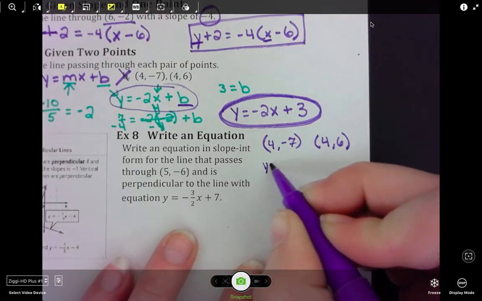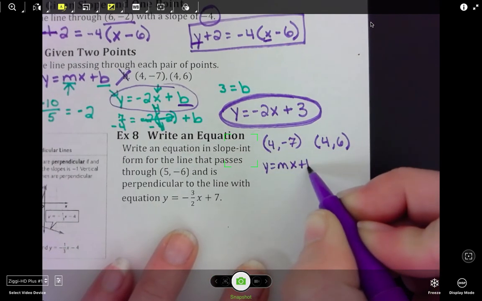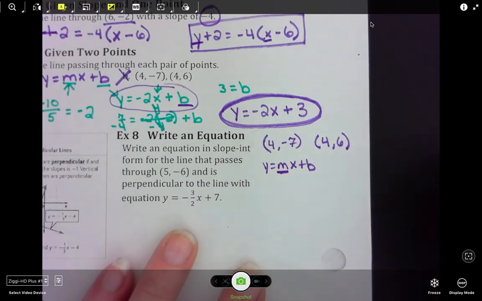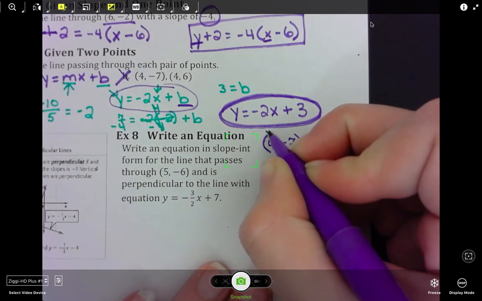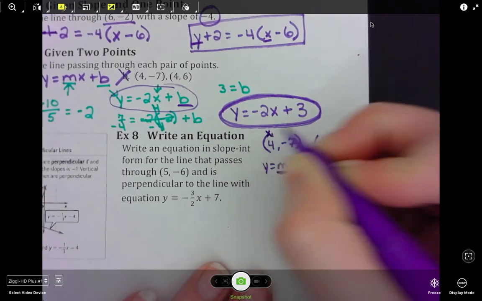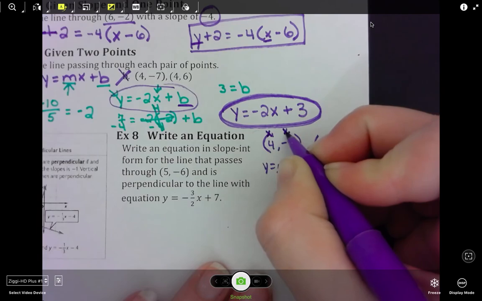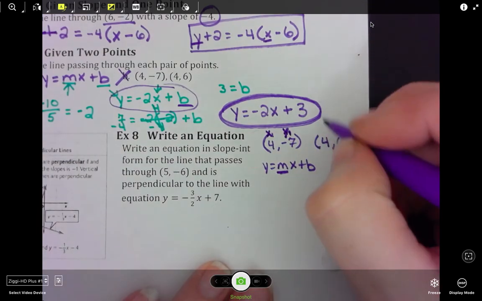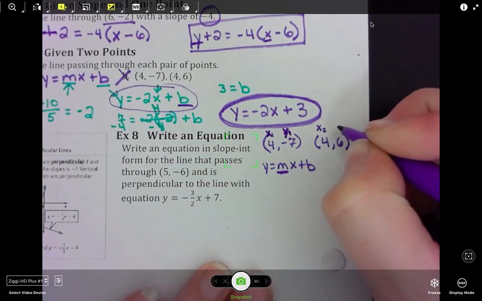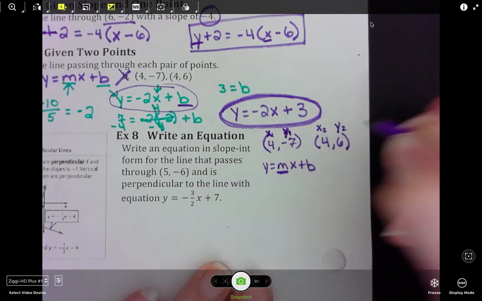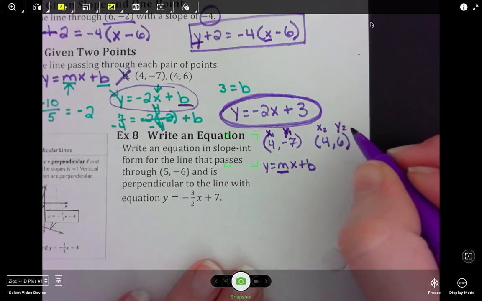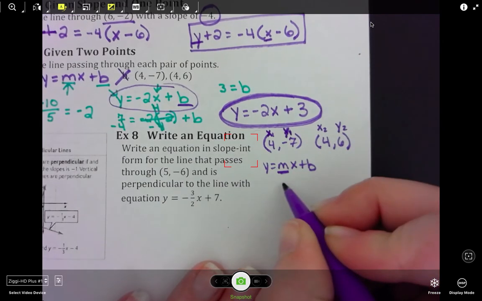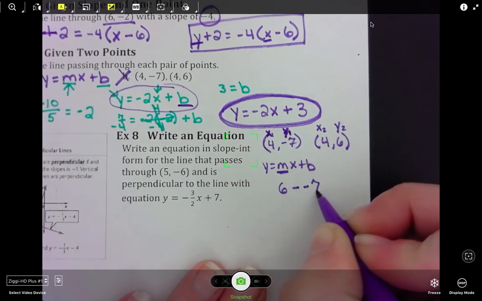So y equals mx plus b, and I'm going to find m first. Always, always find m first. 4 is my first x-coordinate. My first y-coordinate is negative 7. My second x-coordinate is 4. And my second y-coordinate is 6, okay? So if I'm doing y2 minus y1, I would do 6 minus a negative 7.